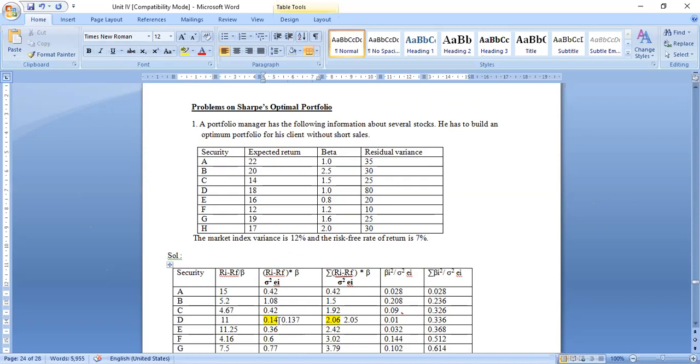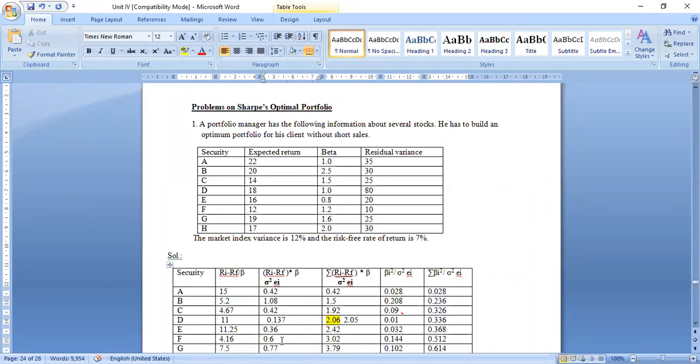So the expected return is 18 minus 7, and the residual variance is 80 into 1. So you will get 0.137. So I'll just delete this. And in the same way, you have to calculate for E, F, G, and H. So for E, it is going to be 16 minus 7. Residual variance is 20 into 0.8 will give us 0.36.